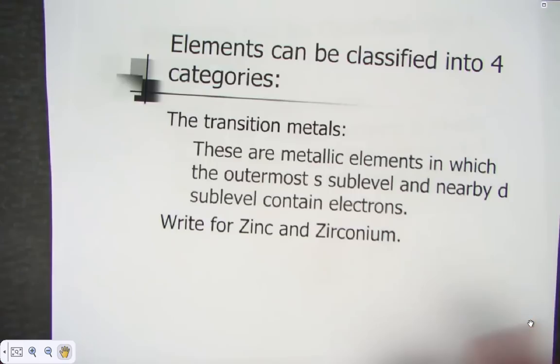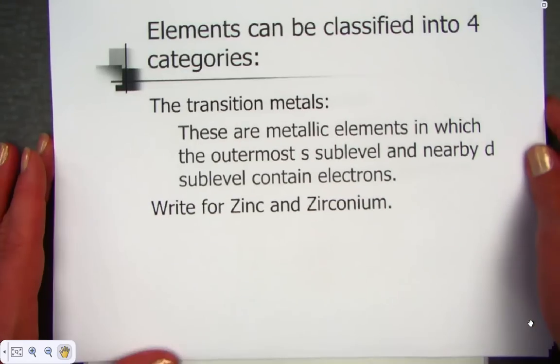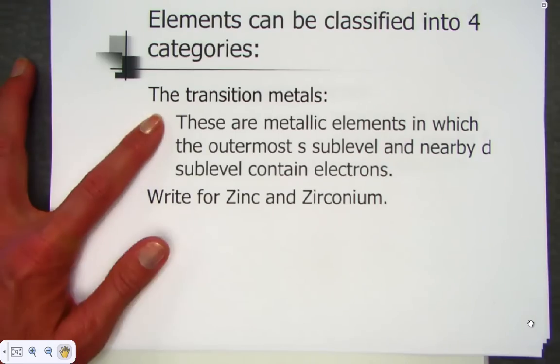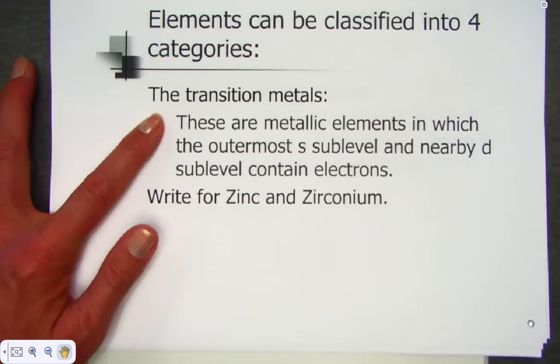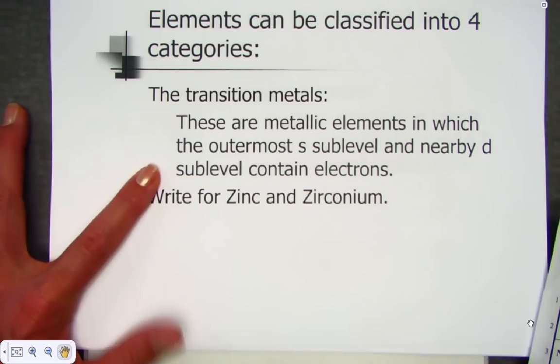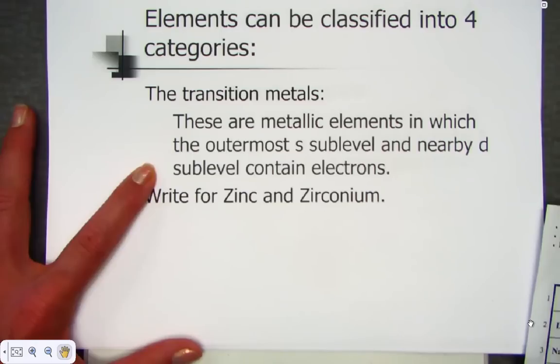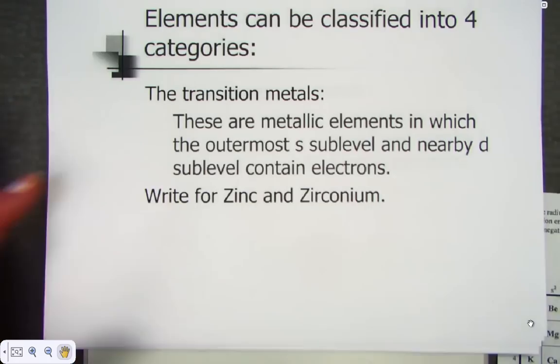There's a third family of elements based on the way that they arrange their electrons, and those are called the transition metals. The transition metals are the shorties in the middle. These are the metallic elements in which the outermost s sublevel and nearby d sublevel contain electrons.